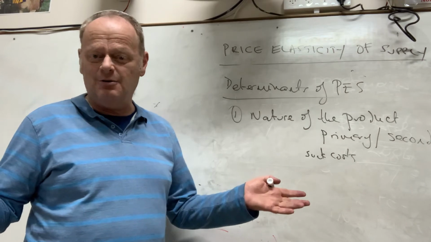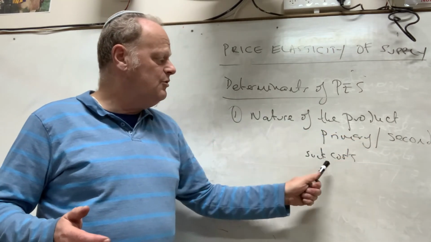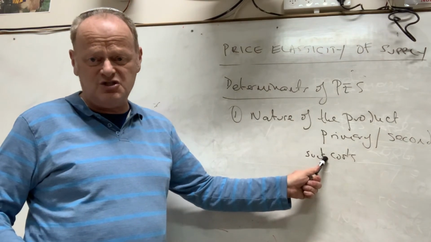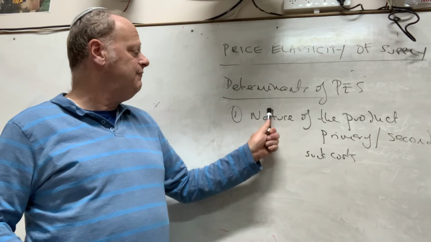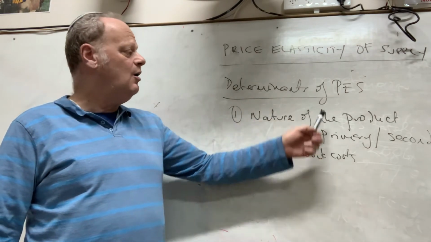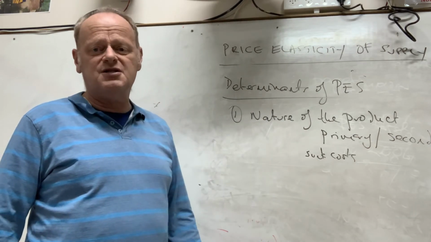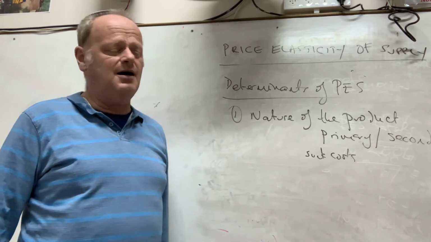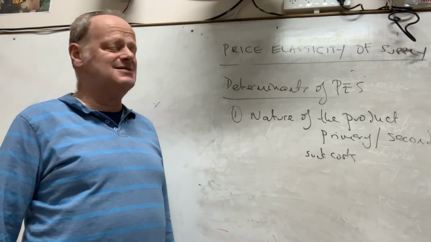So it's a secondary product, and you do not have high sunk costs to the degree that you can't change from one to the other. Depending on the nature of the product will depend on its price elasticity of supply. Generally, primary products tend to be price inelastic in supply, and secondary products tend to be price elastic in supply.